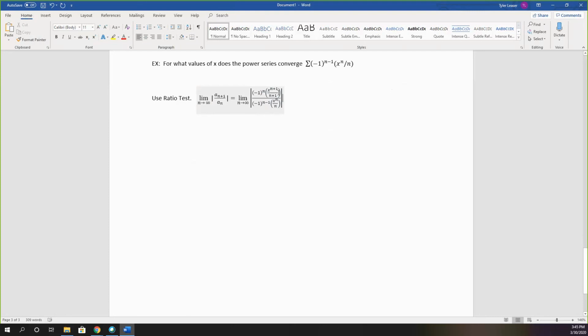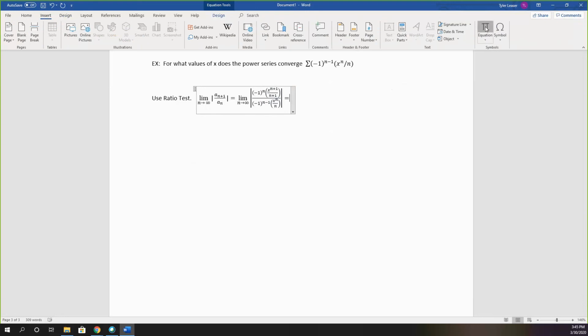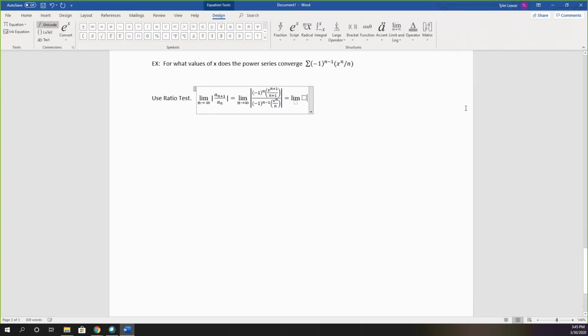We also want to look at what happens with this. So I'm going to rewrite this a little bit by taking the first top fraction and multiplying it by the reciprocal of the denominator. All right, so we still have our limit as n goes to infinity.